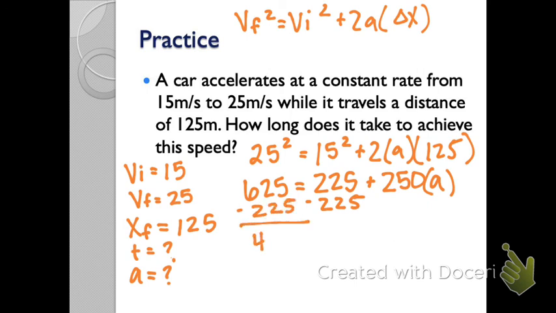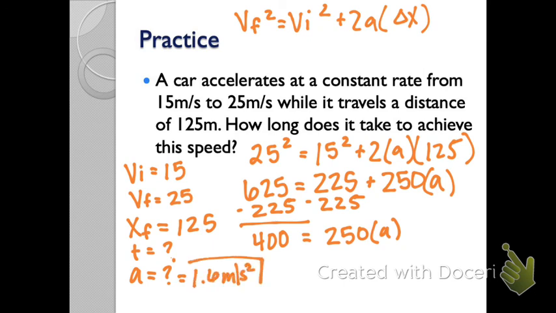That gives me 400 equals 250 times A. And so that gives me an acceleration equal to 1.6 meters per second squared. So you would divide by 250. Yes, I need A by itself.